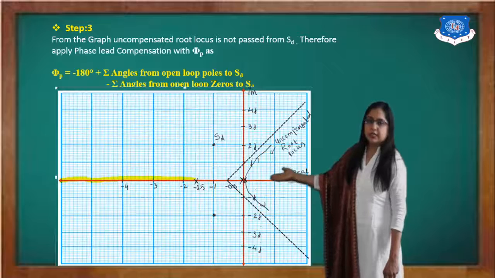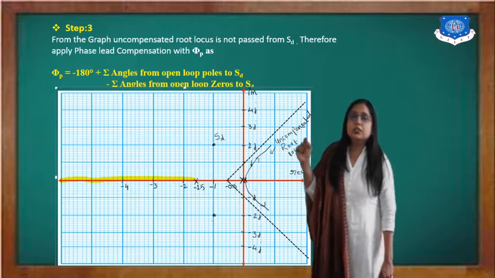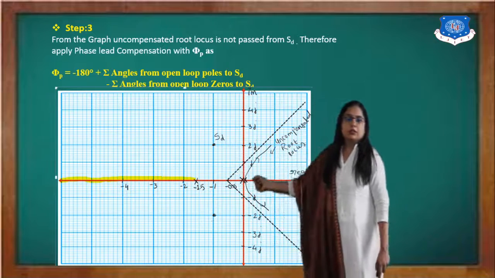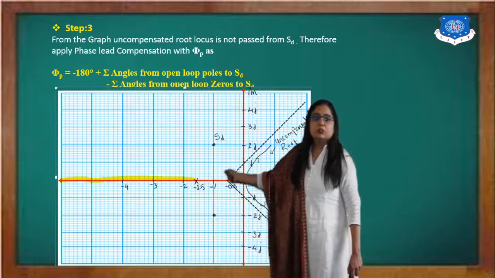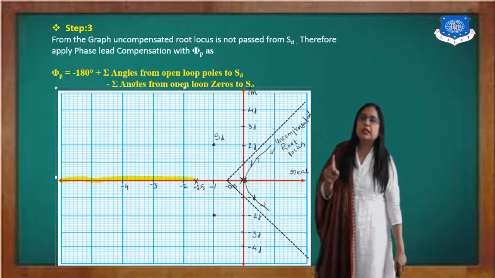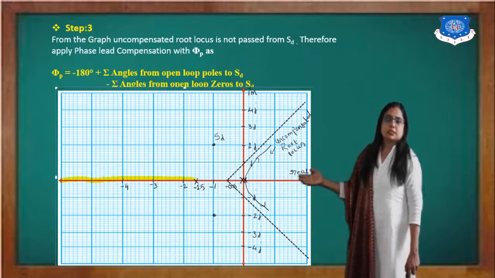We will see graphically how to find this. Draw a line from SD to this pole and from SD to this minus 1.5, and then measure that angle with respect to the real axis.